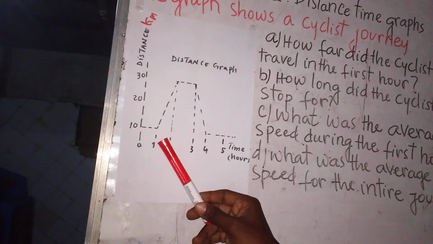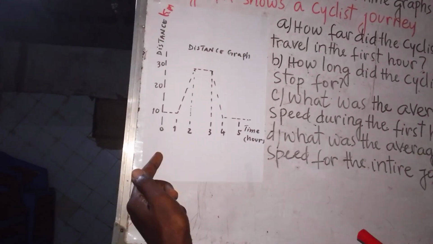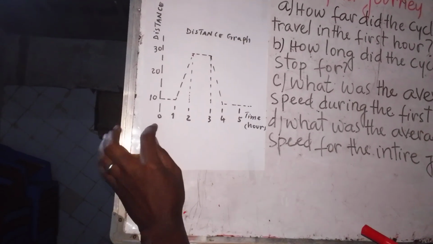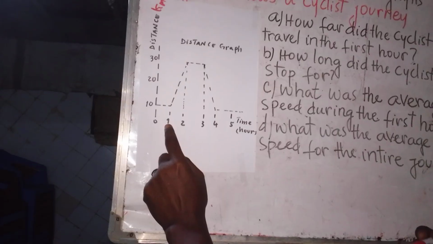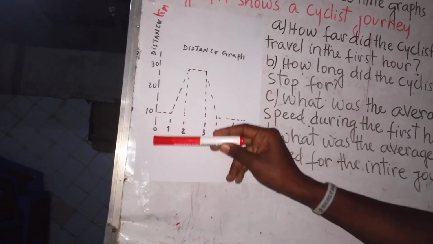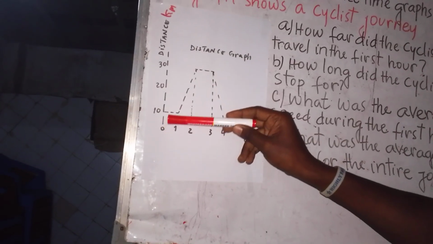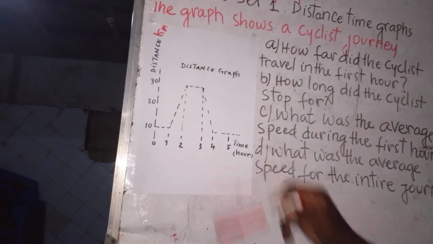So we see from the graph that between 0 and 1, which corresponds to the first hour, the cyclist covered 10 kilometers.